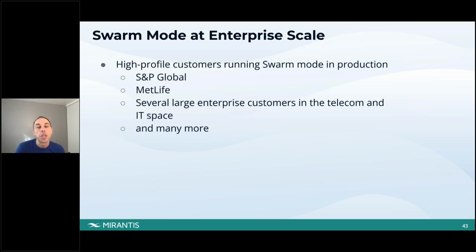Big name, large enterprise companies that are running Swarm at scale in production. They found that, first of all, the day one and day two operations are pretty straightforward and easier to handle than other orchestrators. And they also find that it just works. It does what they need, and there's no reason to change.